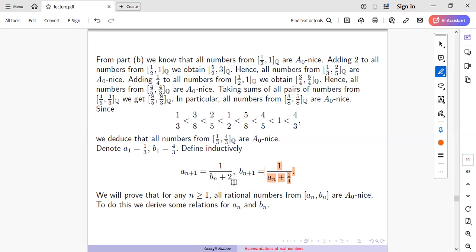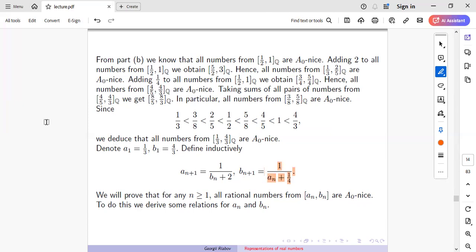Similarly, we add 2 to B_n and get A_{n+1}, and we should get a smaller number than A_n. And in this way, we will get an increasing sequence of segments A_n and B_n, and we will actually prove that all rational numbers from these segments are nice.